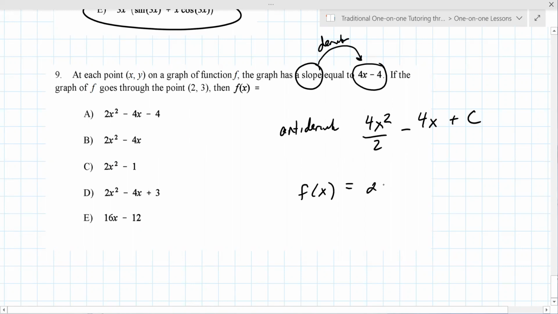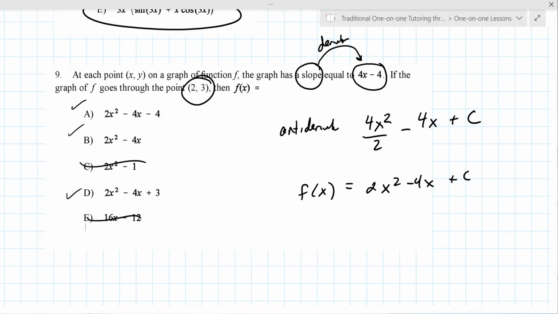Now they give you a point right here. They tell you 2, 3. At this point, you're down to maybe this one or this one. We can get rid of those two. Do you remember how to find the constant when you're given a point like this? This is literally x and this is literally y, or f of x if you prefer.